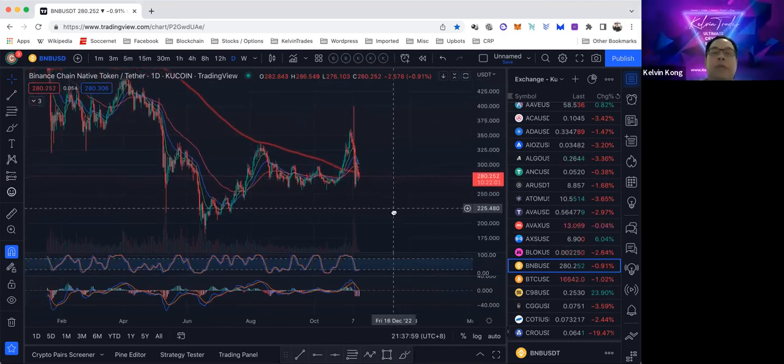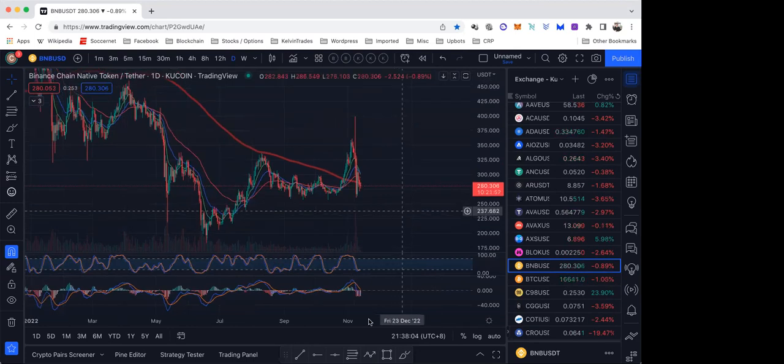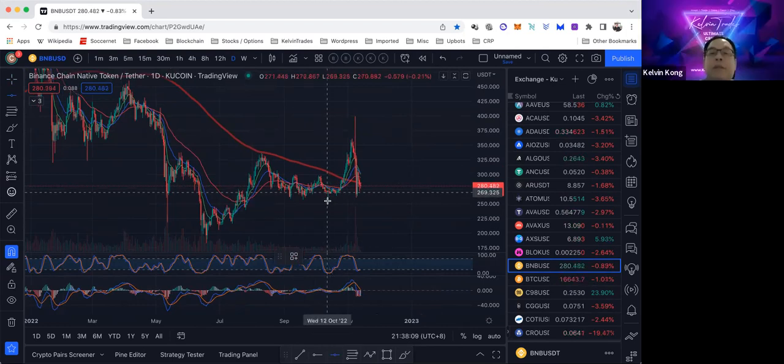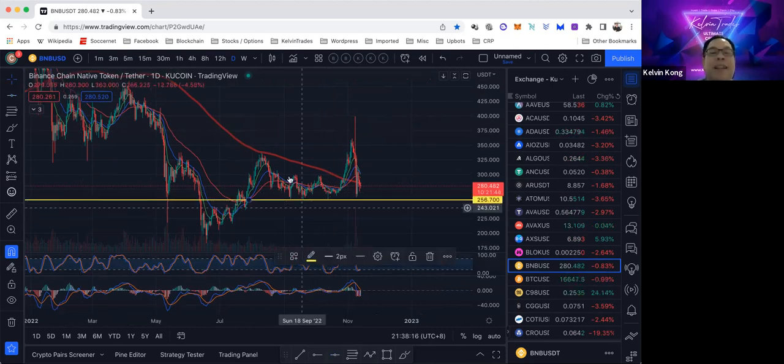Sean, what should I do? What's the first thing I should do? Draw the trend lines. A better answer would be draw a support first. You can see a very obvious support here, right?